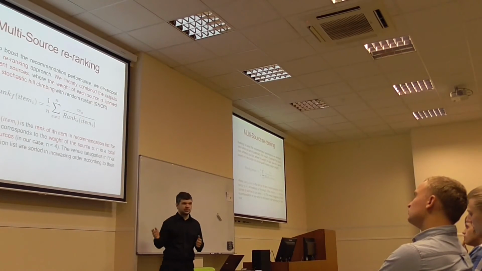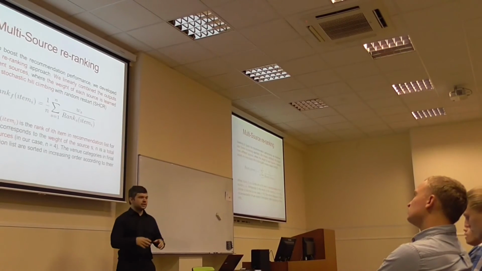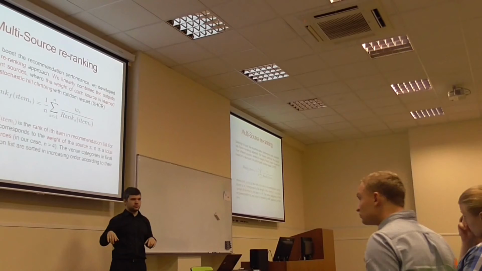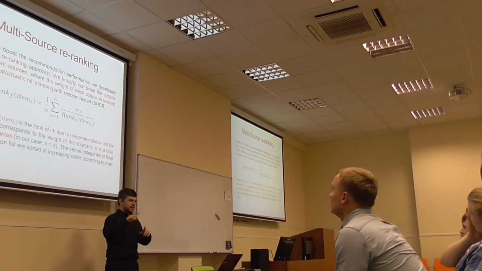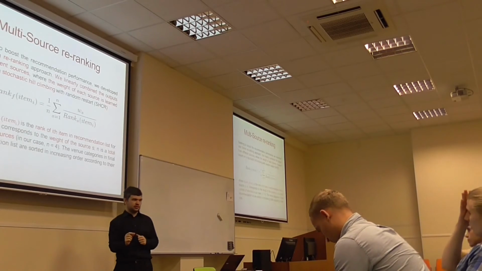So we generalize it and we do it for multiple sources. We get the recommendation list for each data source and then re-rank them according to the position in the output list.